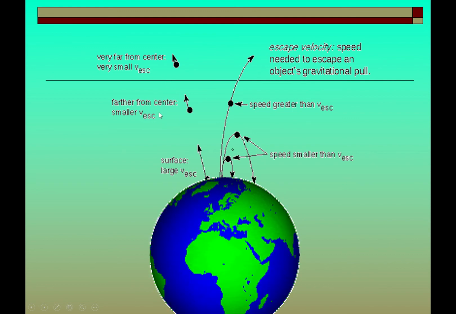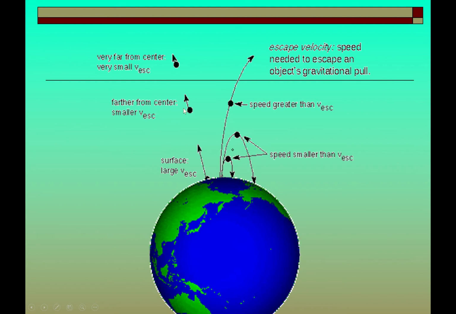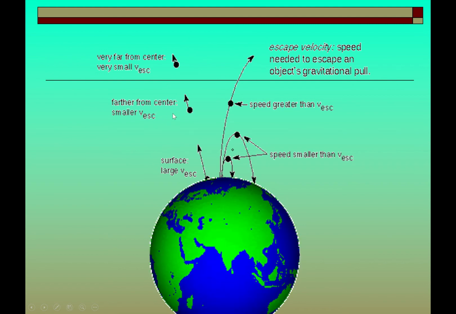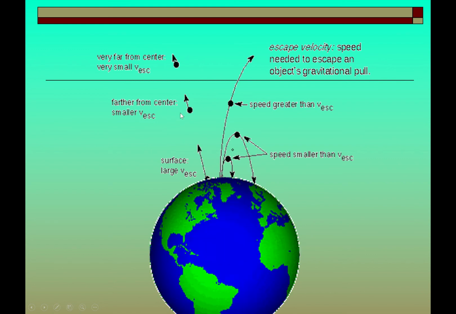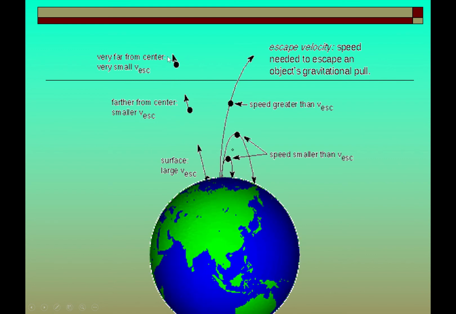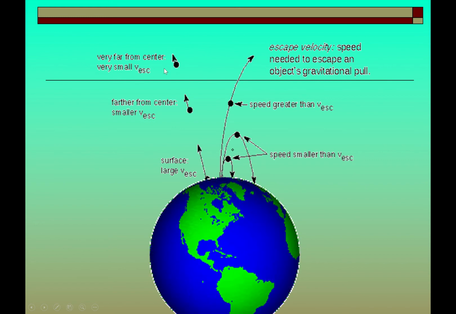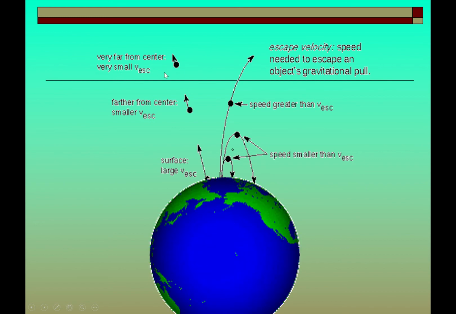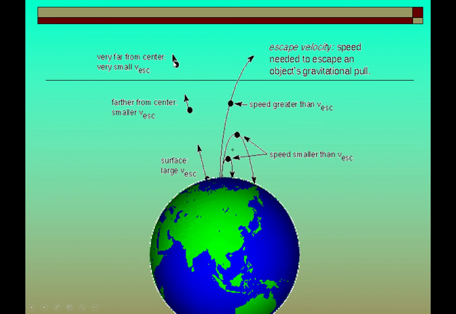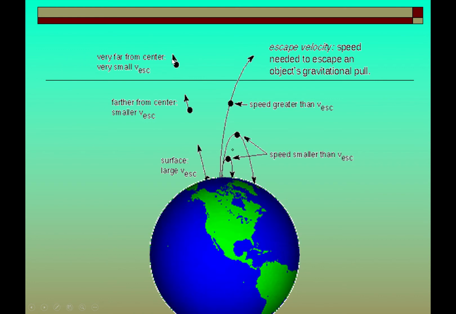So as it goes further from the center, let's say at this point here, the escape velocity is smaller, and at the very far distance in outer space, the rocket only needs a very small escape velocity to escape the gravitational pull of the Earth.